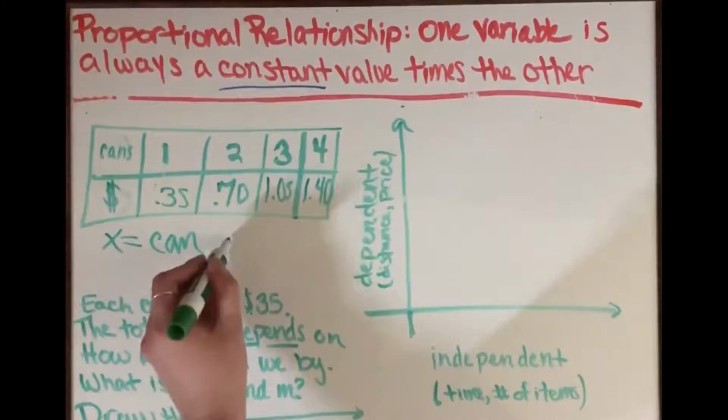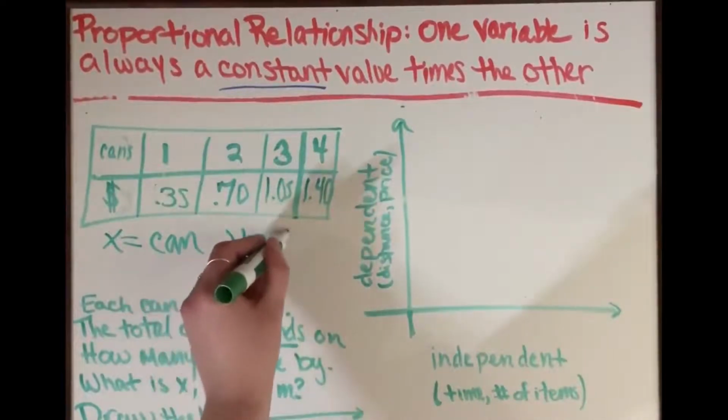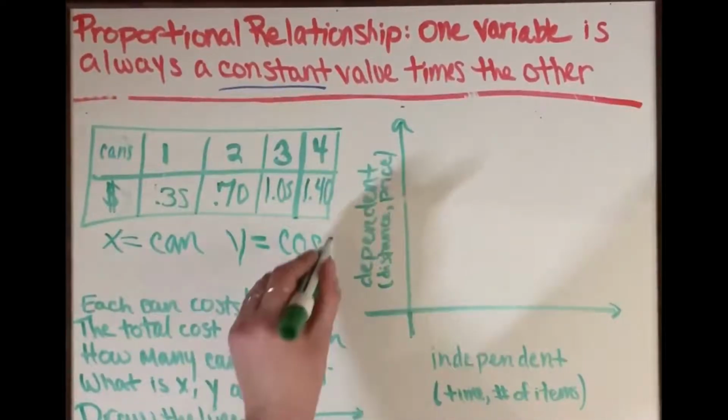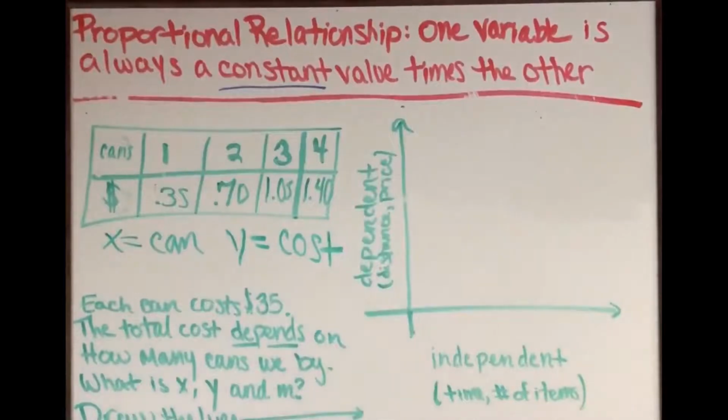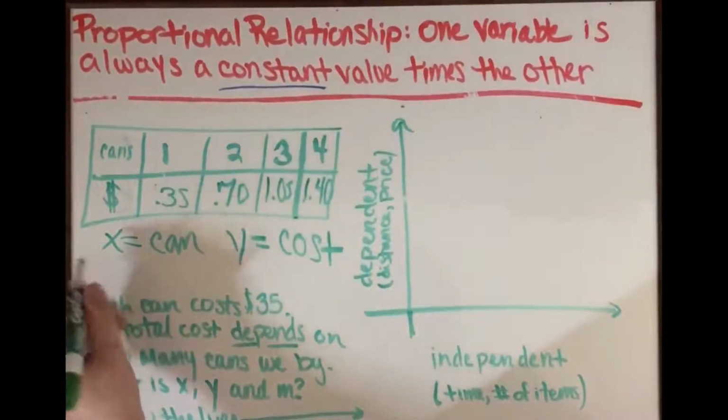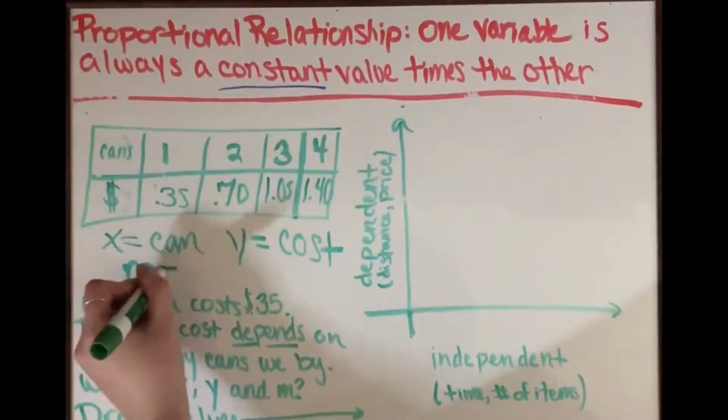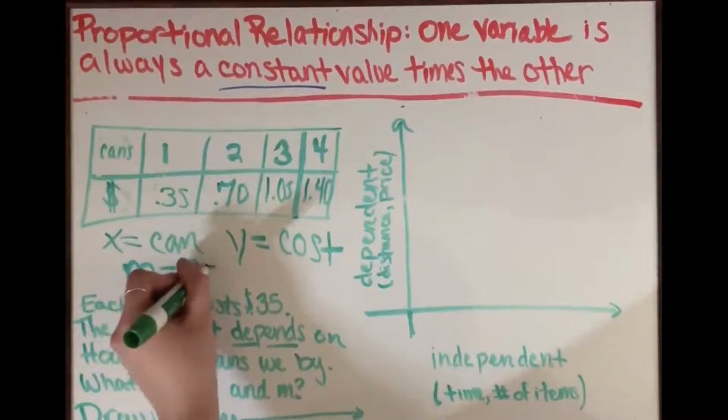Our dependent variable will be cost. And what is our m? Well, what was the rate or the constant value that we multiplied cans by to get total cost? 0.35, right? 35 cents a can.